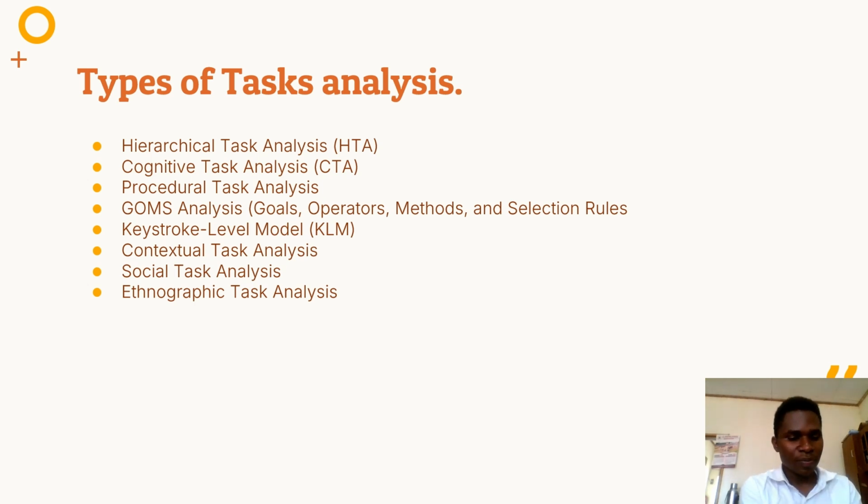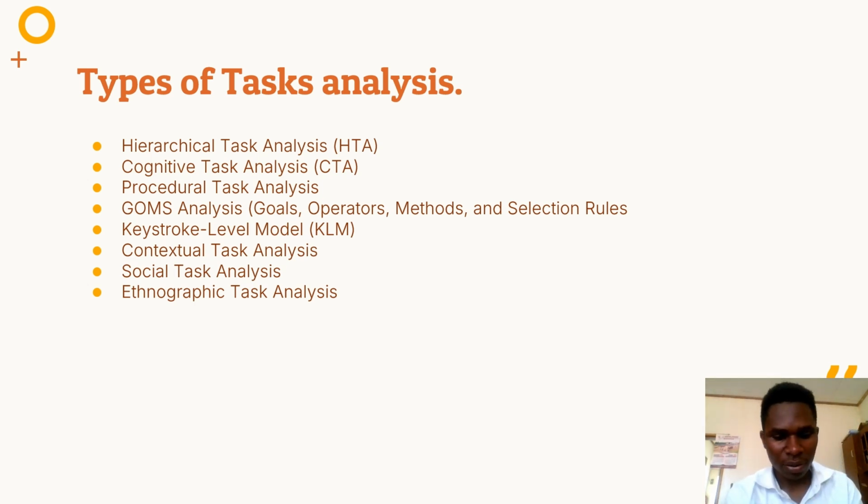stroke level model. This is more detailed and more specific form of GOMS. Okay, it's more detailed of the one that depends on the goals, operators, and methods, and selection rules.